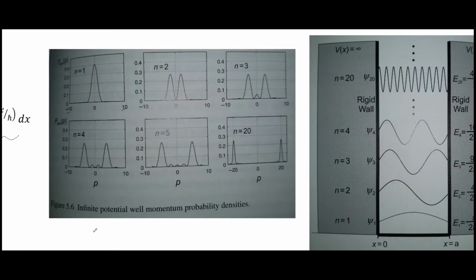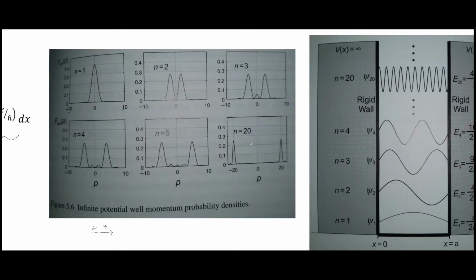So if we defined the positive direction as this way, then positive momentum would mean that it's moving that way, and negative momentum would mean that it's moving that way. And so we see that as we go up in energy levels, our momentum is also increasing in magnitude. We see that it's going more positive, but also more negative, which, as I said, just means moving in the other direction.